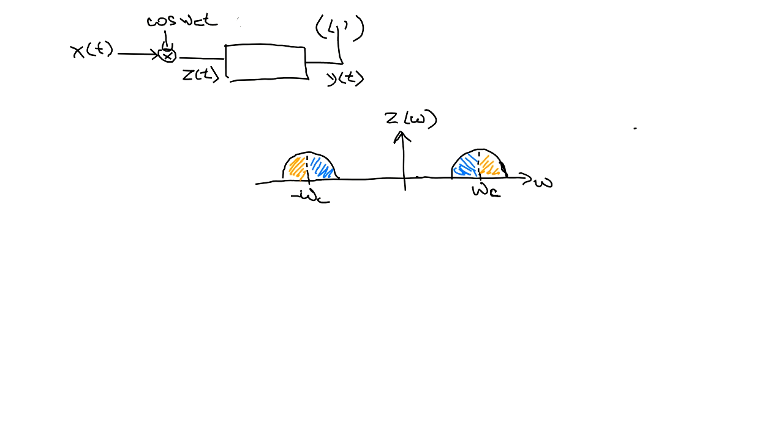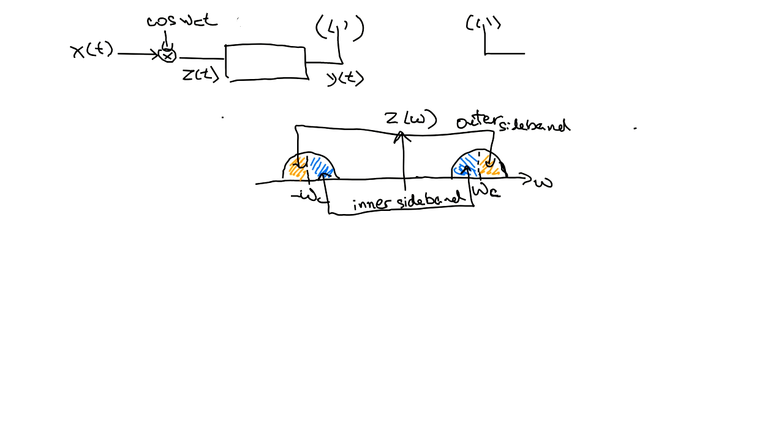This part we call the inner sideband, and this part we call the outer sideband. So in fact, you can just transmit one of the sidebands, and then you'll be able to fully recover the signal.